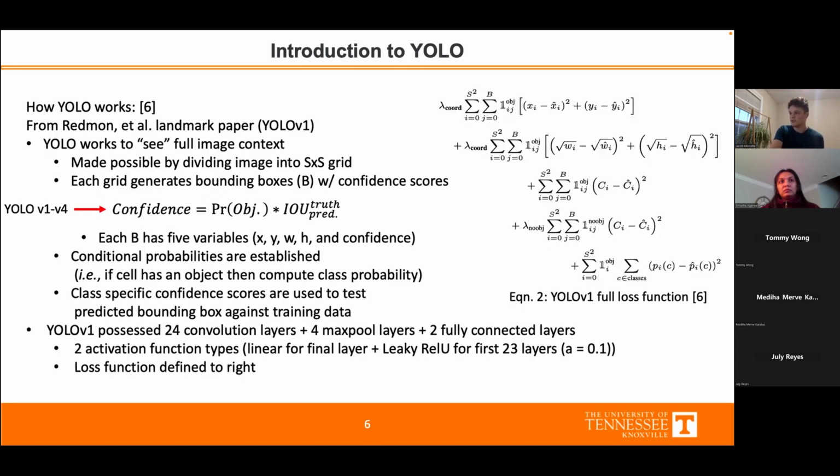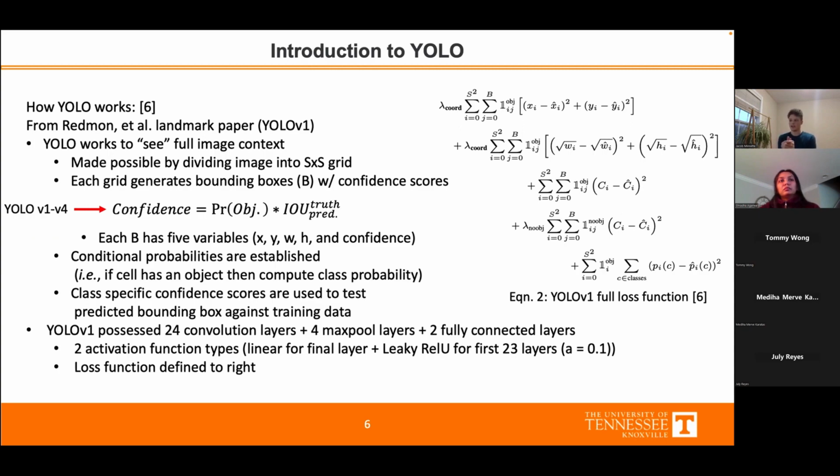So this is a bit of word vomit, so I'm not going to say everything here, but again, this is all information from Redmon's paper. How YOLO effectively sees is by dividing its image into an S by S grid. Within each one of these grid cells, you can determine a confidence that an object is actually within that cell and its rough position.